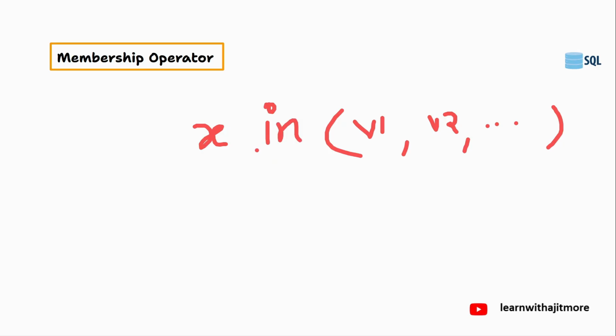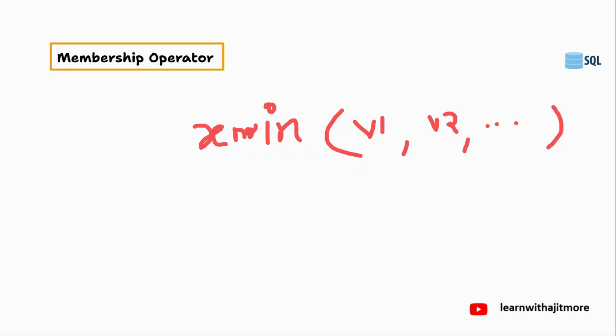Get it? So it will just check whether that X is in the list of values. If your X is in the list of values, it is true. Otherwise, false. Getting clear? And the opposite, if you want to check whether it is not present, use the not keyword.